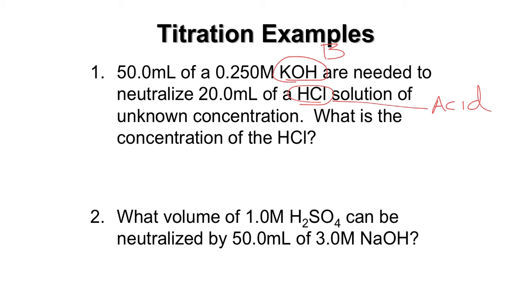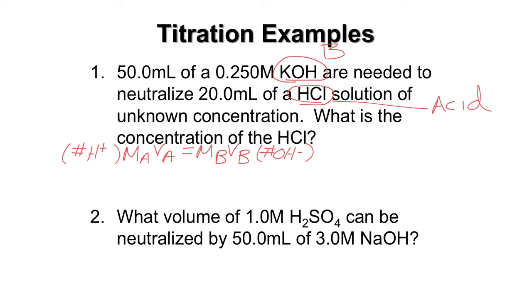What is the concentration of the HCl? All right, so we'll start with our formula. So our formula is MAVA. Volume can be in either milliliters or liters as long as it matches on both sides of the equation. And don't forget the number of H ions present in the acid, number of OH ions present in the base. Often that's going to be 1 and 1, but sometimes it won't be.